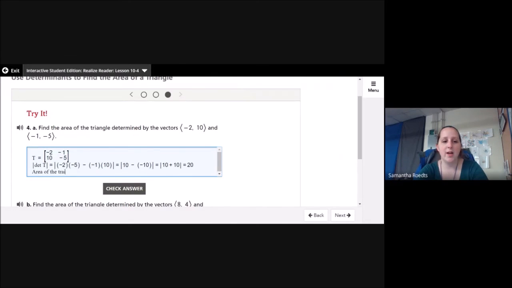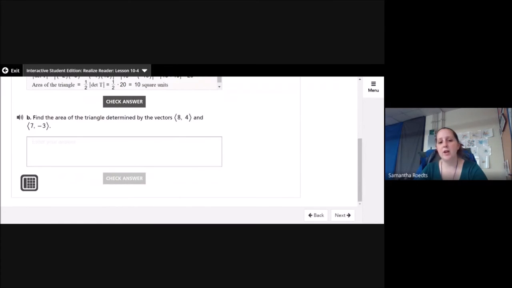The area of the triangle is 1/2 times the absolute value of the determinant of T. So in this case, it's 1/2 times 20, which equals 10 square units.